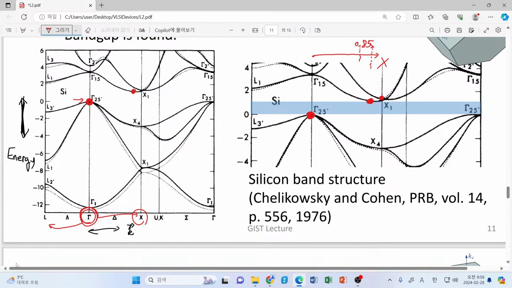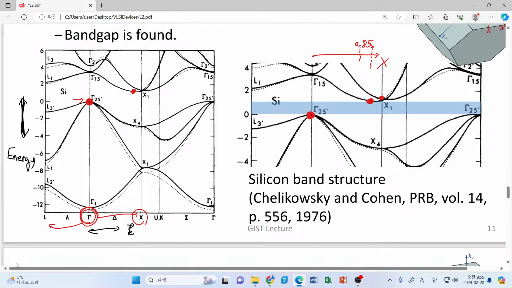If I arrive at the X point, let's call it number 1, then this minimum point is just 85% of the entire journey. So the conduction band minimum is located close to the X point, however not exactly at that X point.